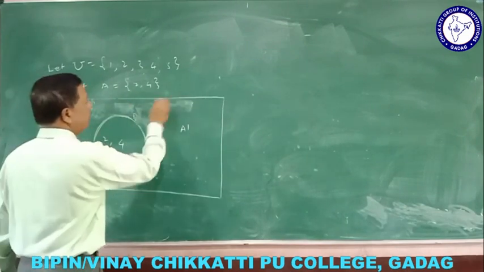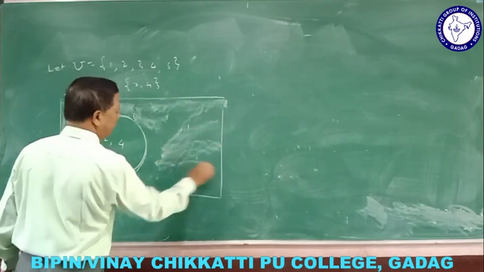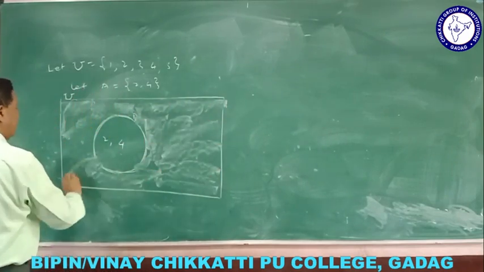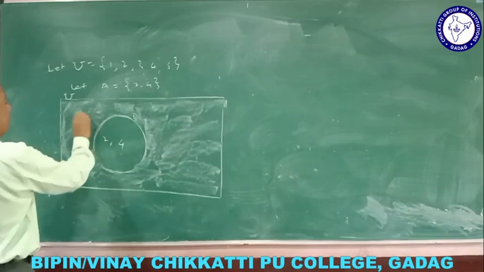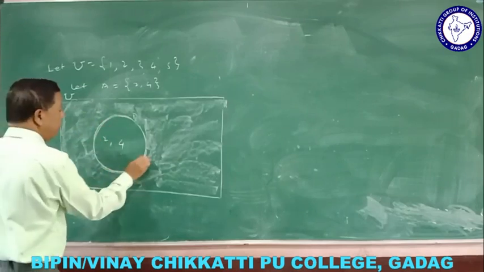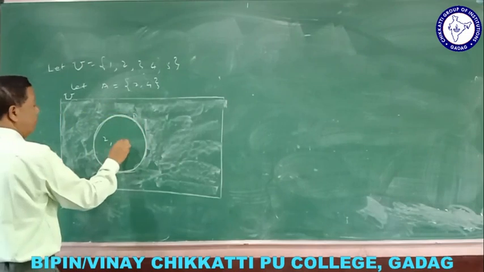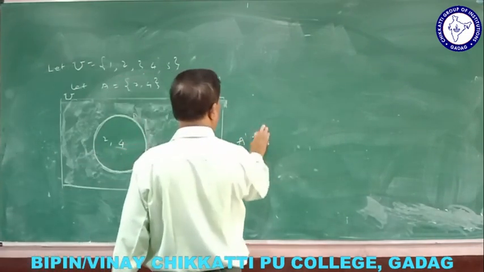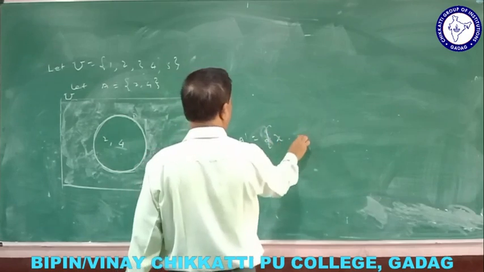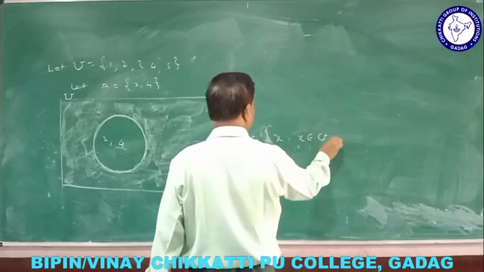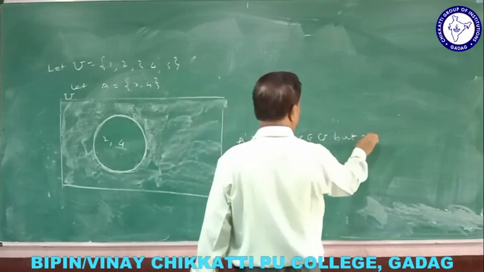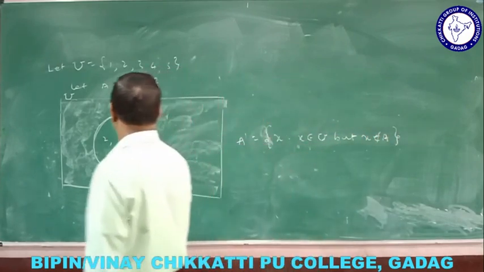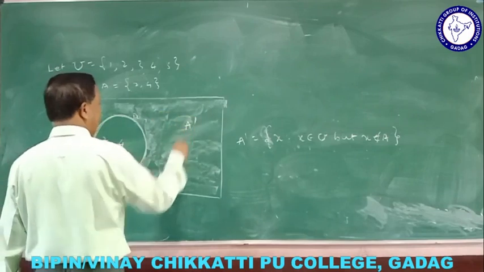Try to understand once again how we take this. What does the shaded portion give? The shaded portion gives the elements which belong to U but not to A. Look at this: A dash is the set of X such that X belongs to U but X does not belong to A. That is A, and here is A dash.